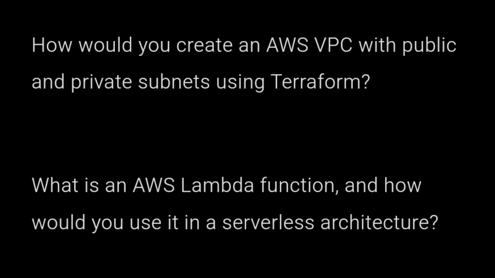And next question is, how would you secure an AWS VPC with public and private subnets using Terraform? We can use network policies, especially for isolation purposes, and they will restrict pod to pod communication. The policy is written in YAML, and we can enable role based access controls, or RBAC, we can say.